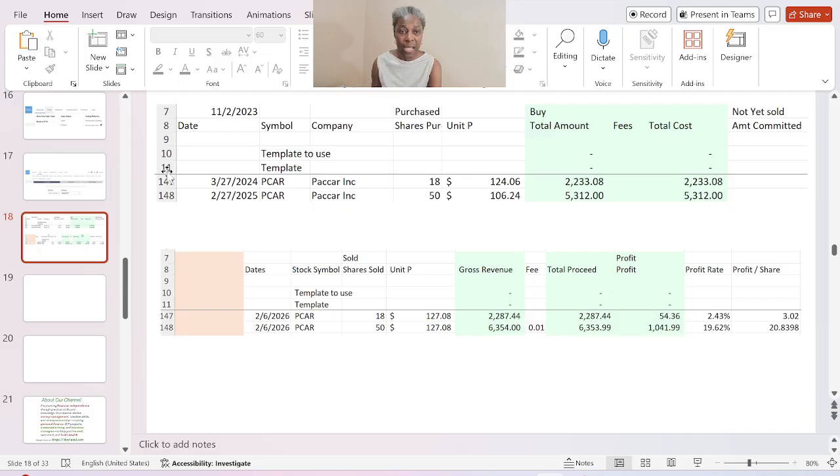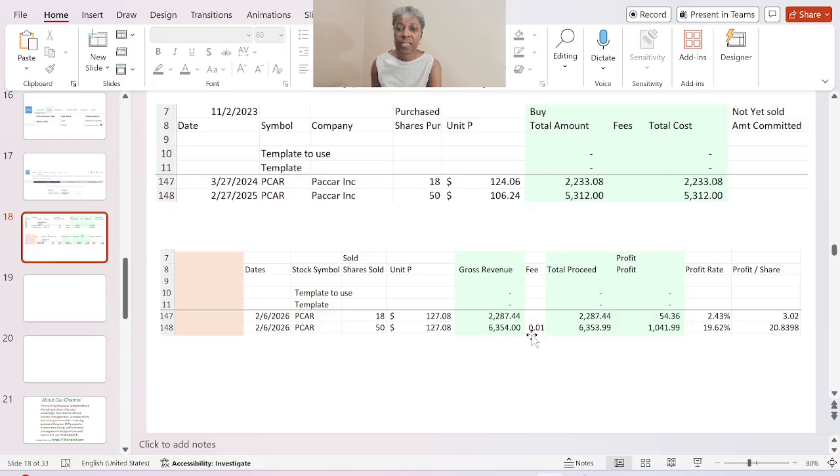So on those same rows, but on the far right, I will record the stock's symbol, the number of shares, how much I sold it for per share, and then I will calculate the gross revenue by multiplying the shares and the unit price.